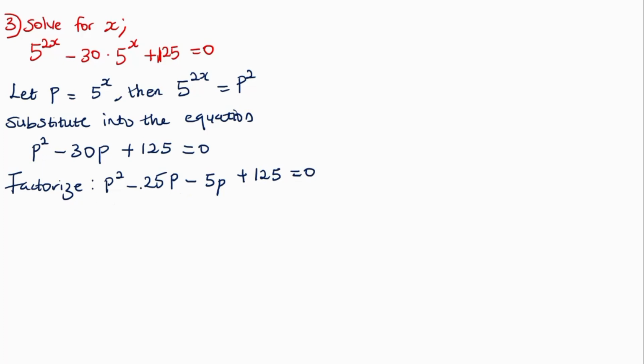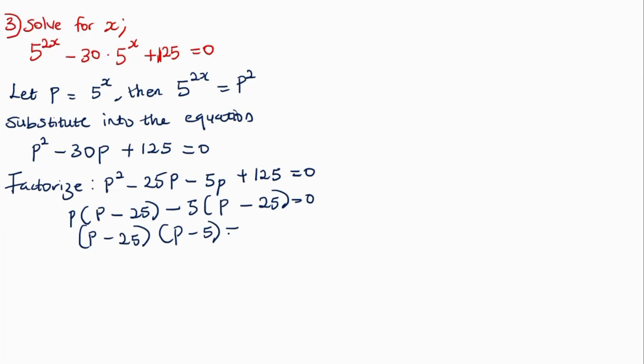From here, we take the first two and this becomes p into p minus 25, minus what is common between 5p and 125, which is 5, and this becomes p minus 25 equals to 0. So from this we have p minus 25 and p minus 5 is equal to 0.